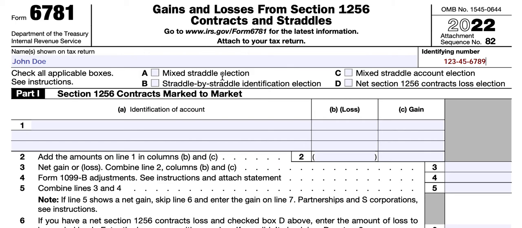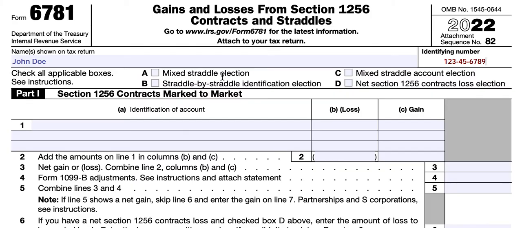You can check more than one box depending on your specific tax situation. Box A covers mixed straddles: you can elect to have the mark-to-market rules not apply to Section 1256 contracts that are part of a mixed straddle.